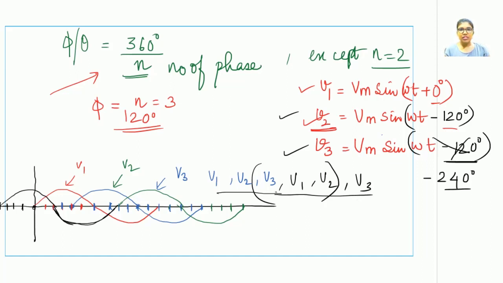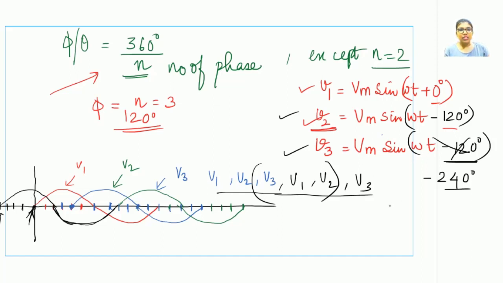So I have represented this occurrence of V3 prior to V1 at some instant of time on this negative x-axis. Now we can see over here that this is the place from where the reference or the first signal is being generated. However, the third signal is getting generated prior to it. This is for a particular instant, not at the beginning of the generation.